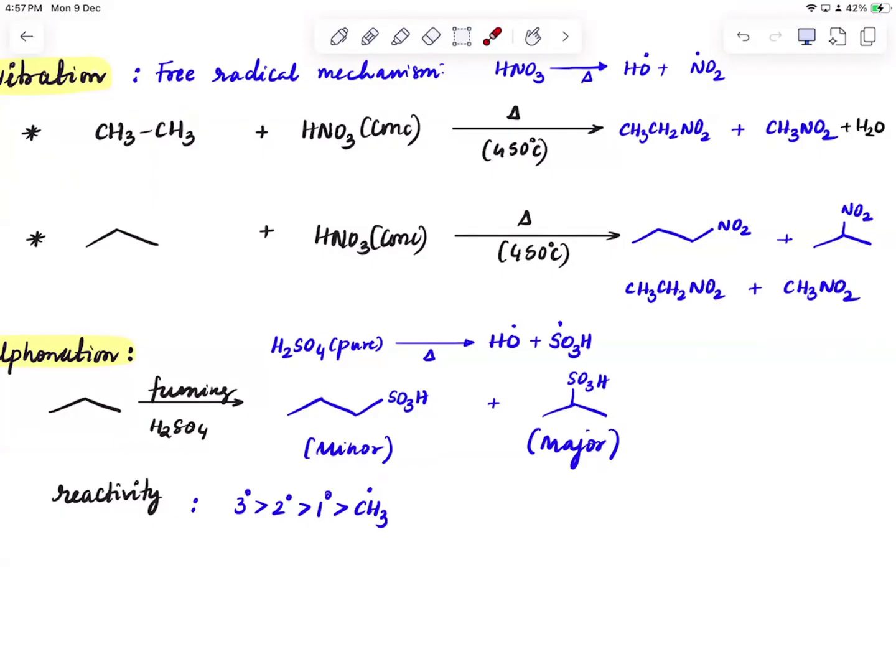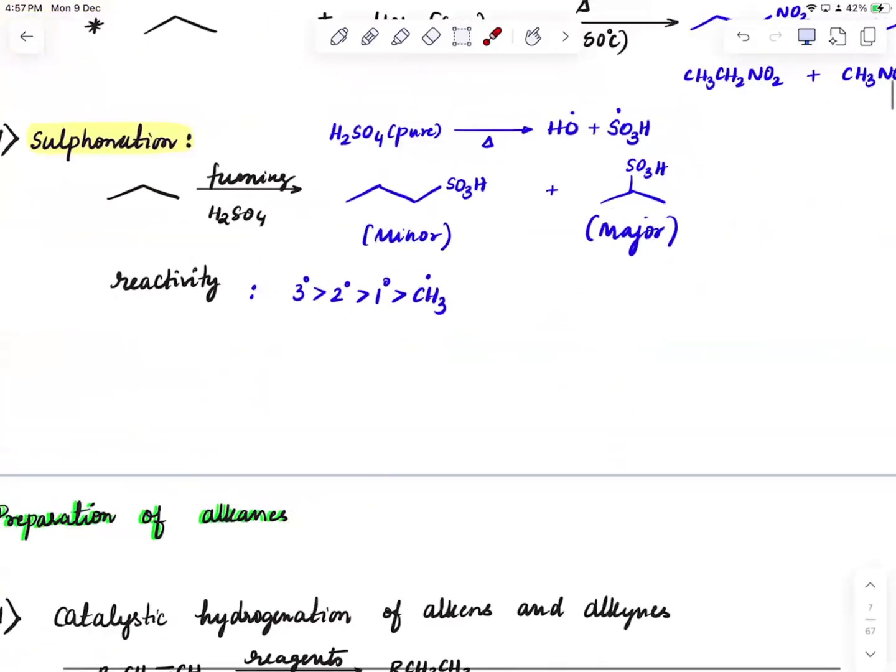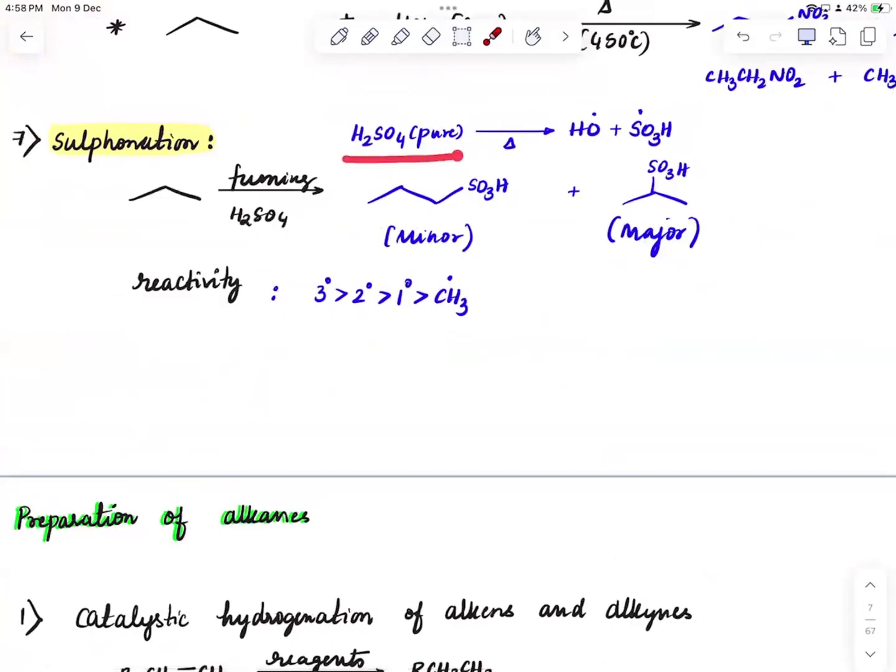Got it? Next, check out sulfonation. Sulfonation is about H2SO4 on heating giving HO dot and SO3H dot. Same way, just like this case, with propane, these radicals do not release enough energy to break carbon-carbon bonds.